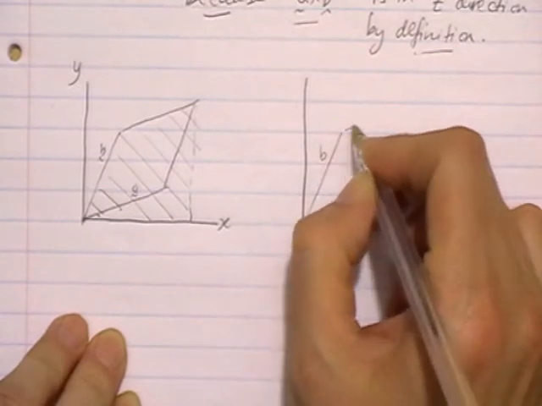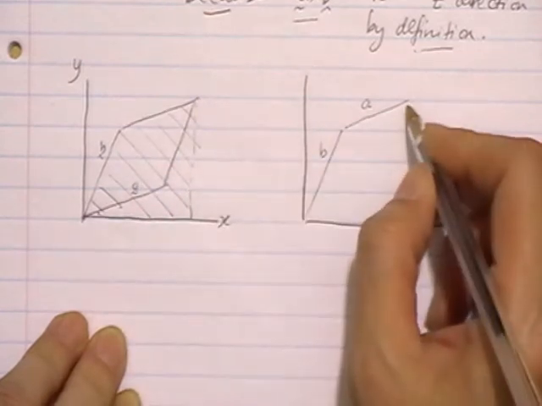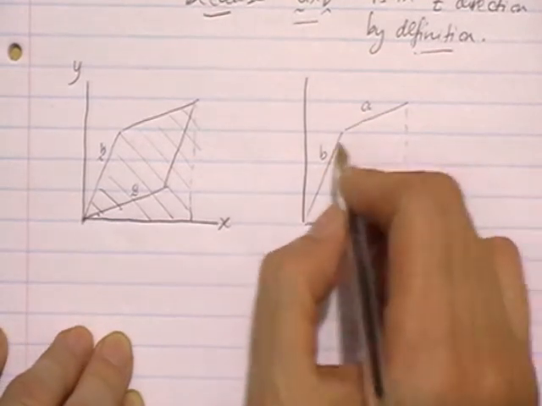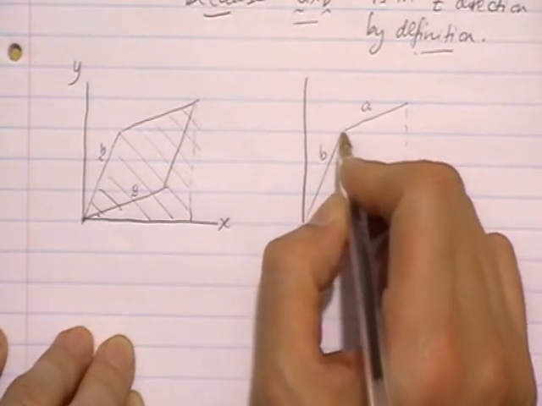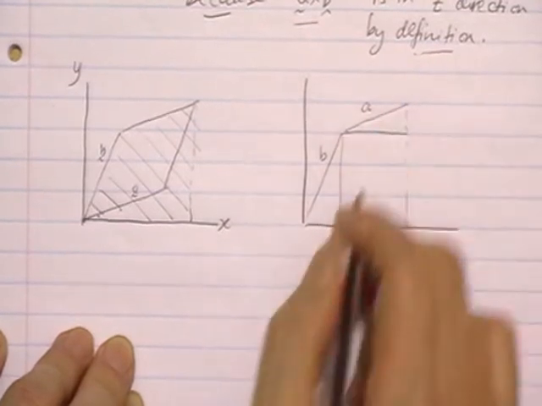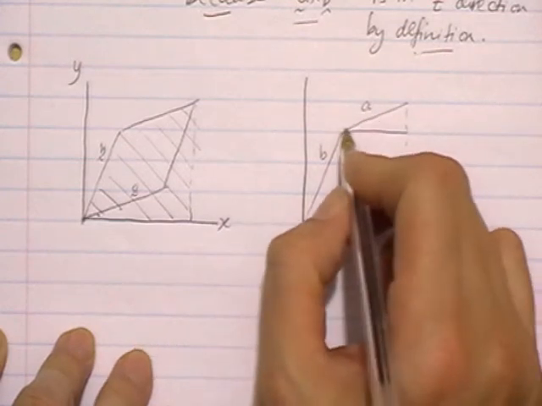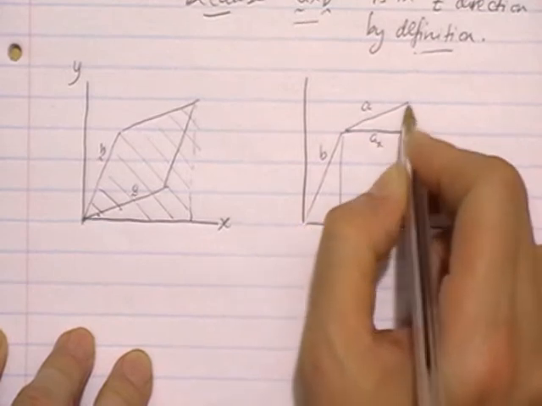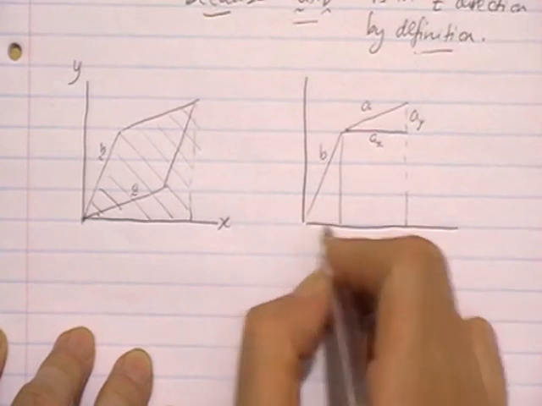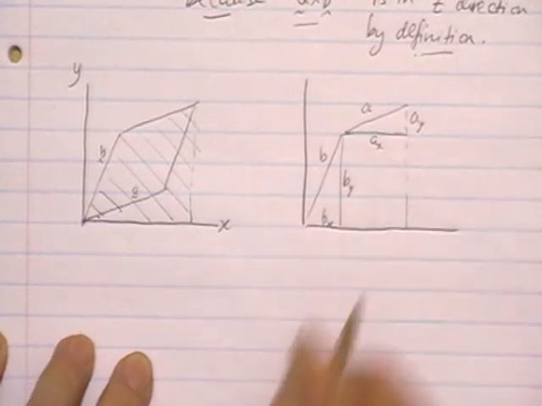It's the B. This is the A, parallel to that. Okay, now I'm going to divide this up in this way, into a triangle here and a triangle here. So the components of A are AX, AY, and that means that this length is AX and that length there is AY. Components of B are BX, BY, so this length is BX, that height is BY.